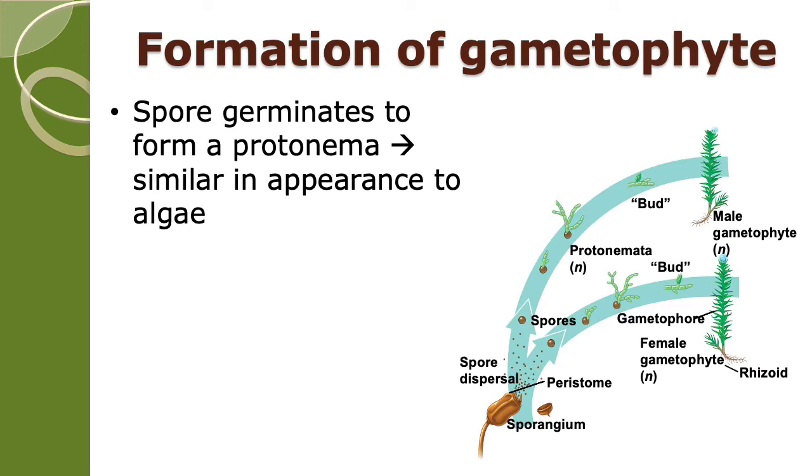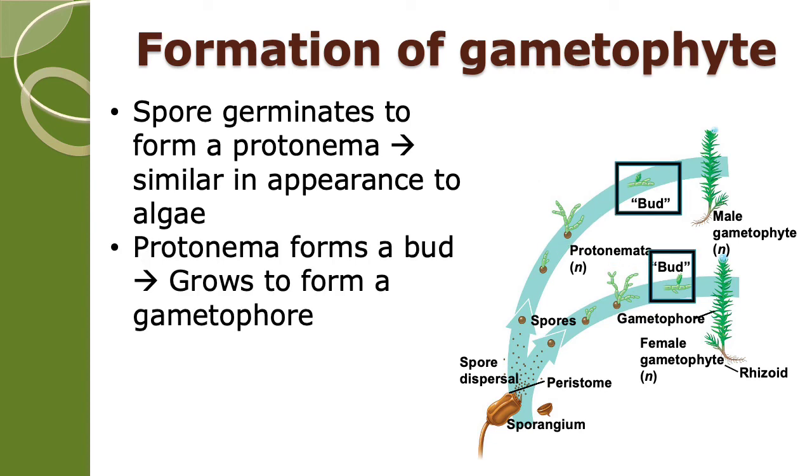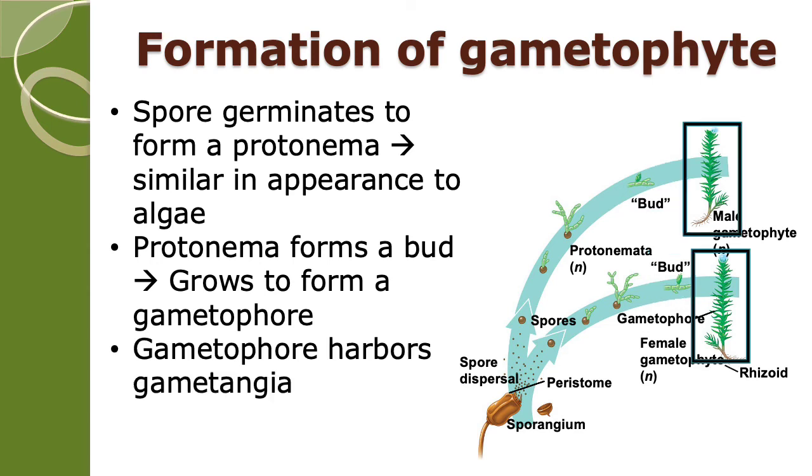Now, to look at the different steps involved in the formation of the gametophyte, we can see that the spore germinates, and when it germinates, it forms a structure called a protonema, which is quite similar in appearance to algae. The protonema then forms bud-like structures, and these ultimately grow to form what's called a gametophore.